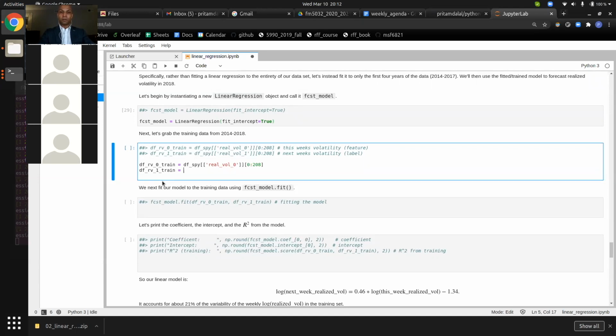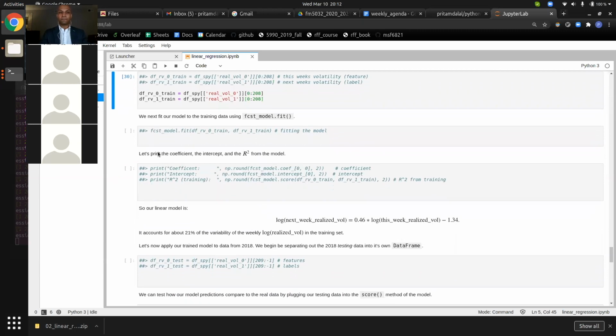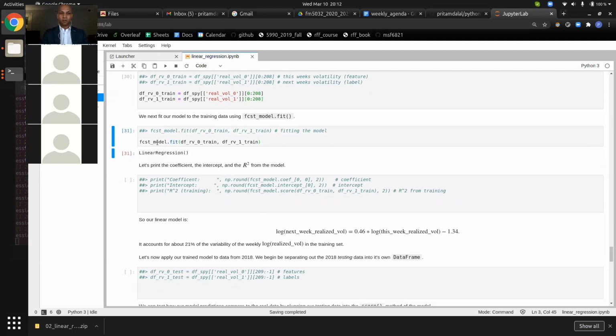So these are our labels. df spy realvol1. Great. Now let's go ahead and fit our model. Cool.